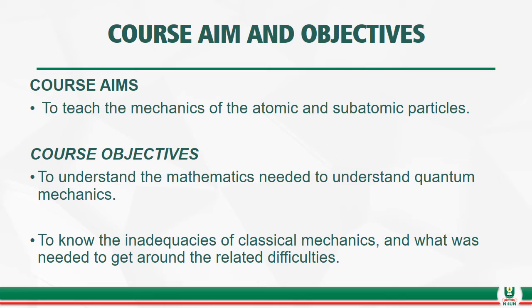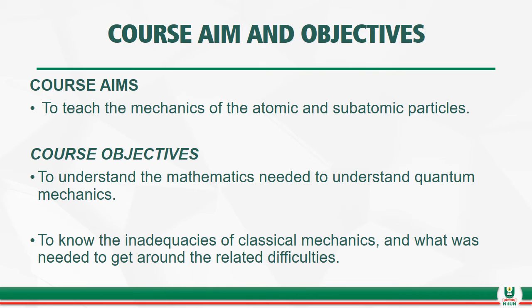At the end of this course, you should be able to achieve the course objectives. The aim of this course is for you to learn the mechanics of atomic and subatomic particles. And the following are the objectives. Number one, to understand the mathematics needed to understand quantum mechanics.